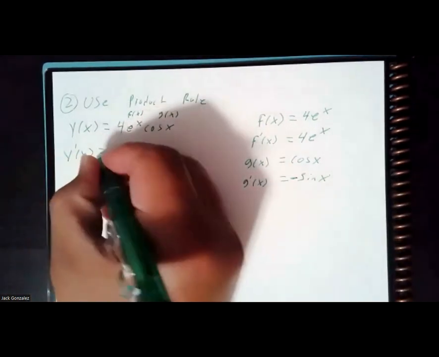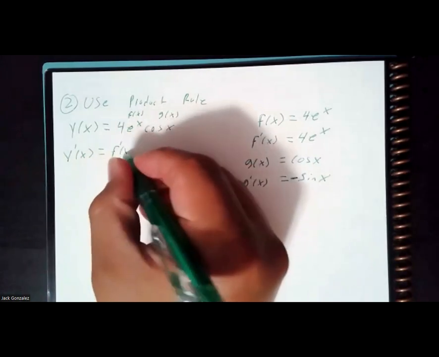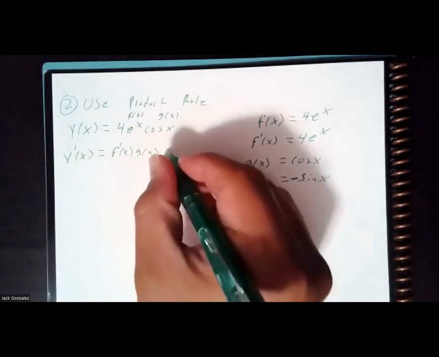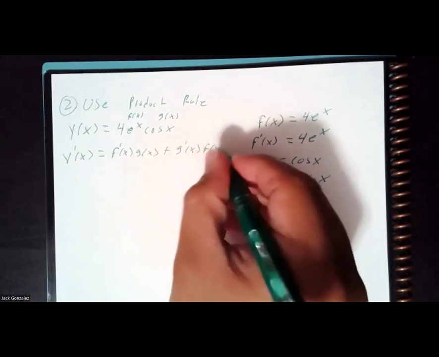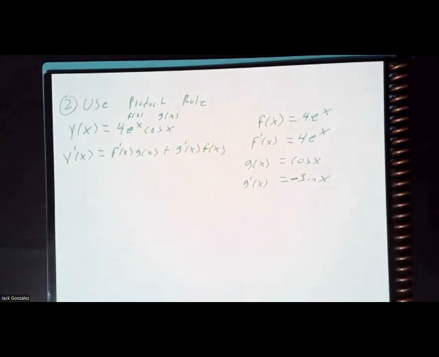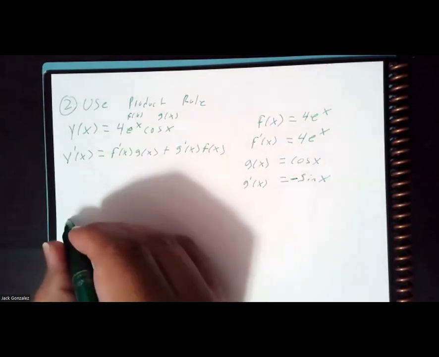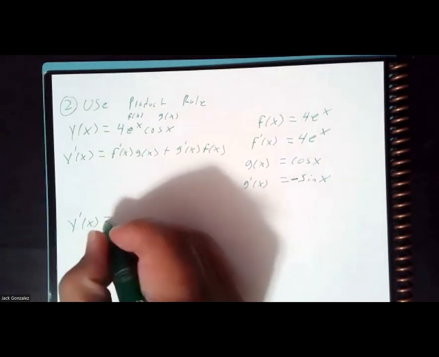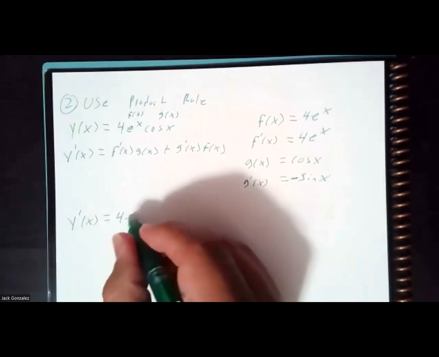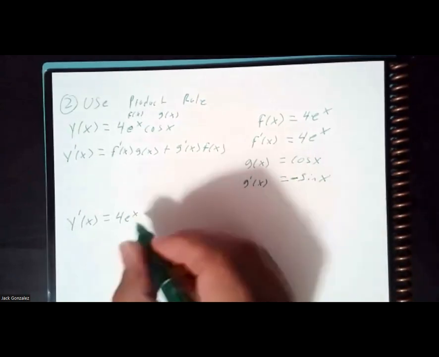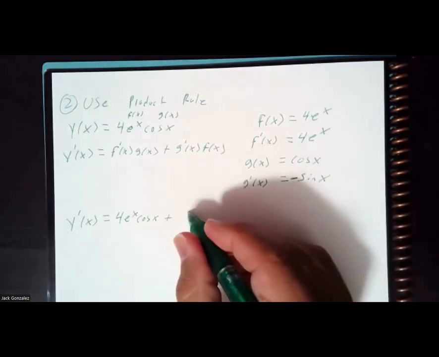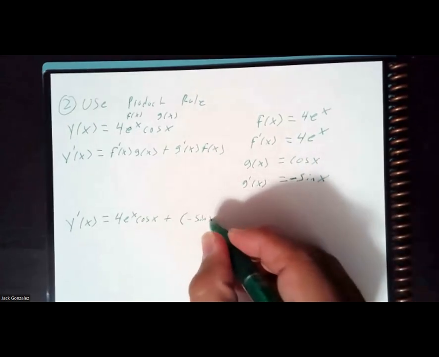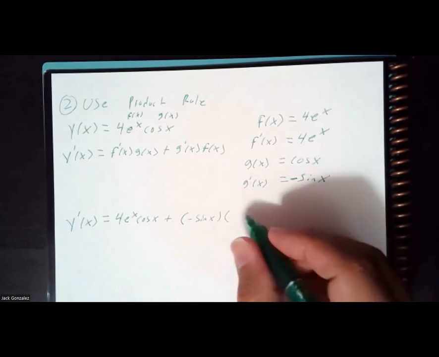So the derivative will be f prime g plus g prime f. So just plug it in: 4e^x times cosine x plus g prime, which is a negative sine, times f.